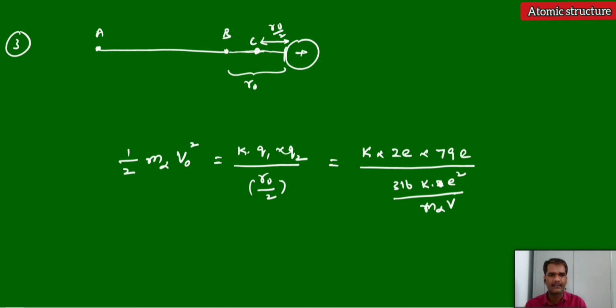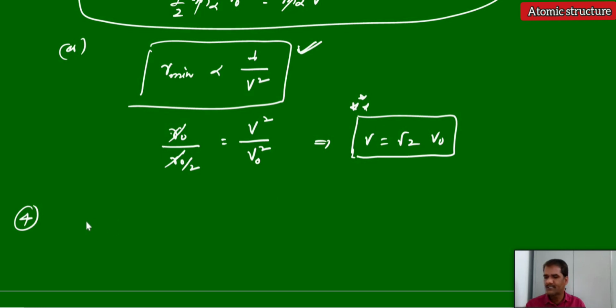We have to calculate the V square value at this point. These 2 and 79 will cancel out. 316, K e square and K e square, everything cancels out. What is left? Half M alpha V naught square is equal to.